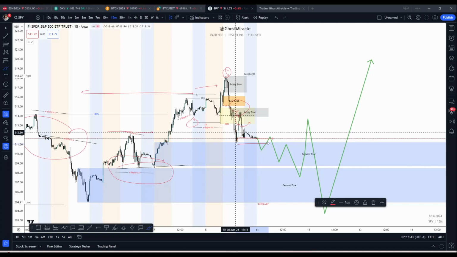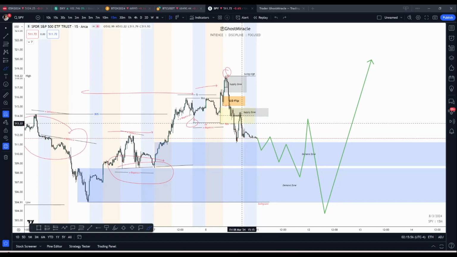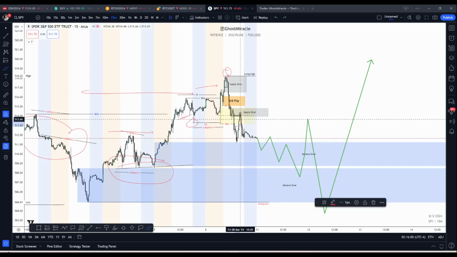So this low is weak. This is a weak low. You expect it to fail because it failed to break the overall high that created it, right? So that's just kind of how I look at it.